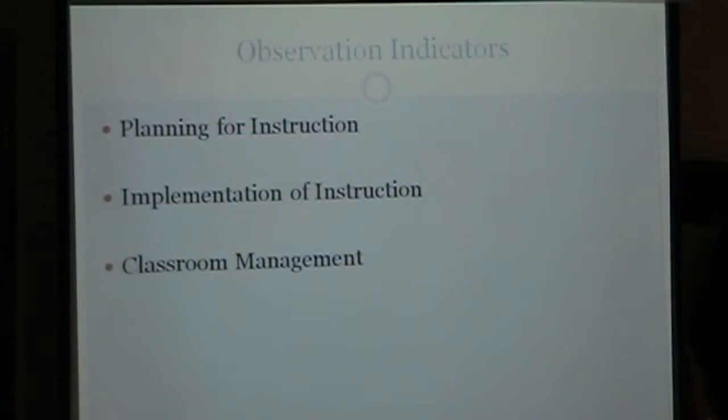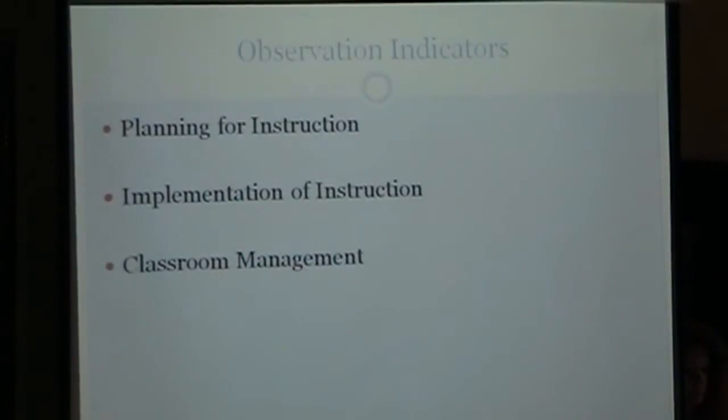And I already shared with you that the group looked at the different indicators. We have 17 indicators total, 3 for planning for instruction, 11 for implementation, and 3 for classroom management, and did crosswalk with the standards there.